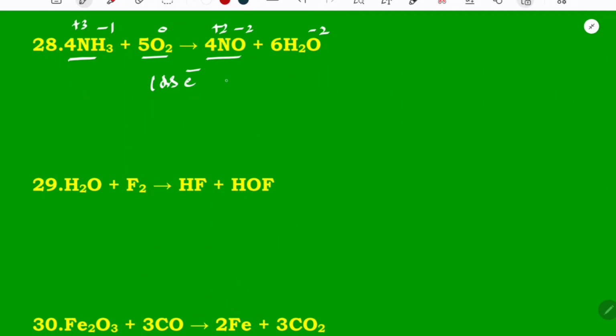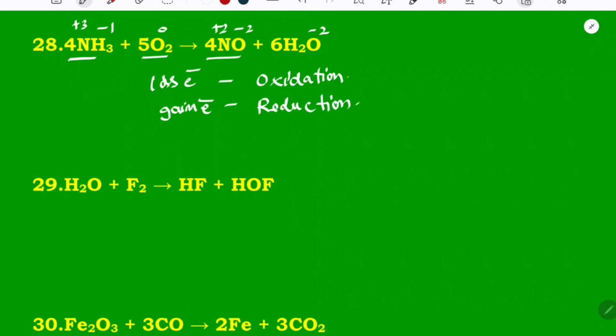So loss of electrons means what we call oxidation. Then oxygen 0 to -2 means gaining of electrons takes place. So this is reduction.